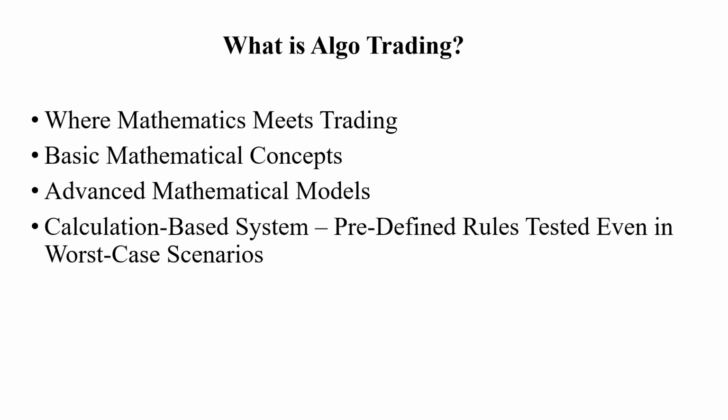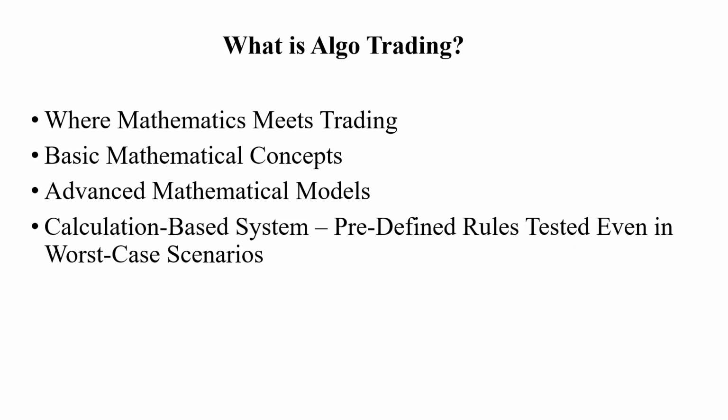When mathematics meets trading, it's called algo trading, and a computer is going to trade for you. It uses basic mathematical concepts and advanced mathematical concepts. It does a lot of calculation.